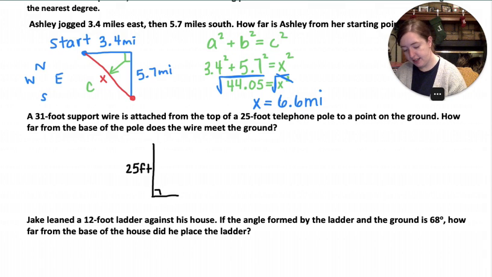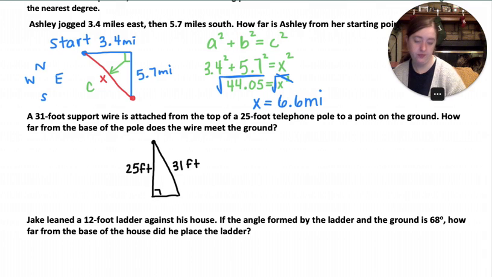The wire is attached at the top of the pole and goes down to the ground. And they told us that that wire is 31 feet long. They want to know how far from the base of the pole does the wire meet the ground, or how long is this piece right there?